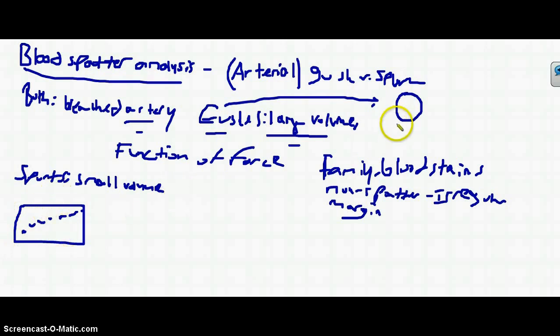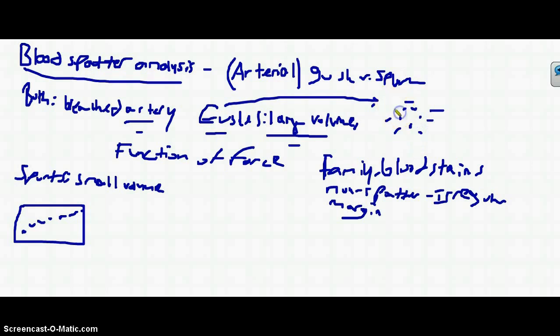Now, I did not show a good representation of the gush. The gush is more like a spatter on the ground or even on surfaces, which shows different spatters coming from the primary spatters, which will be discussed later on.